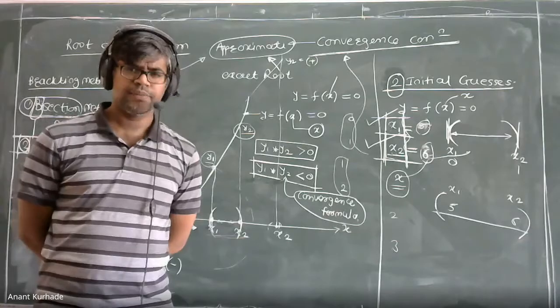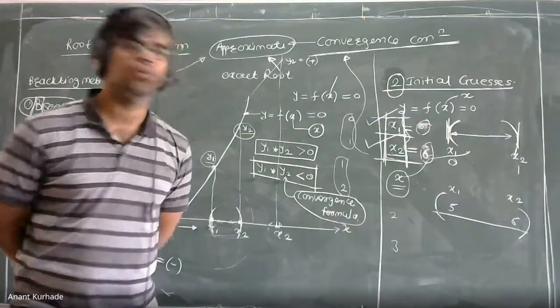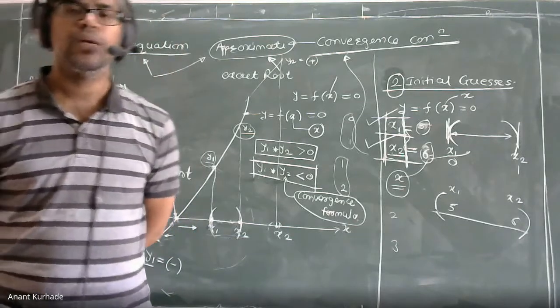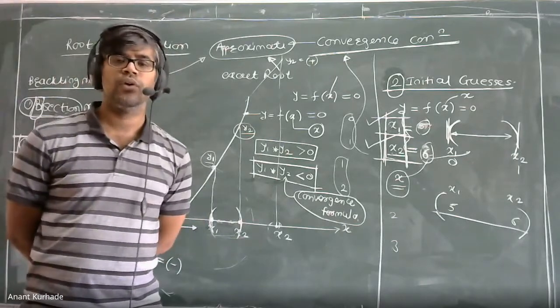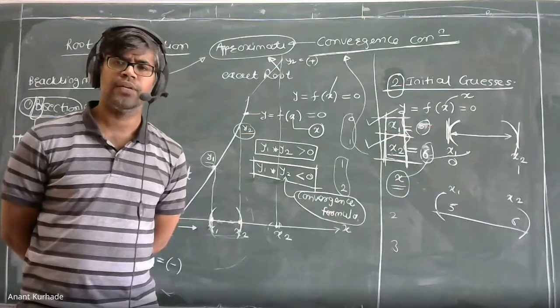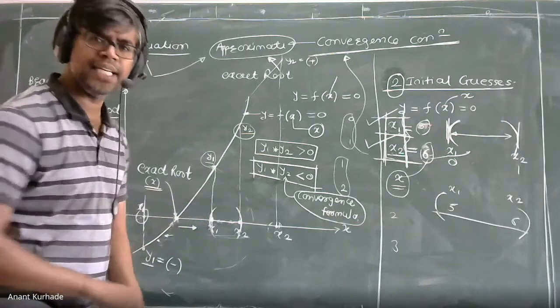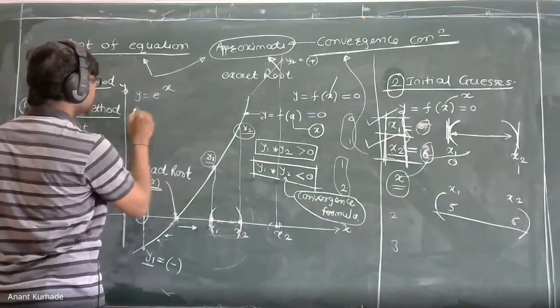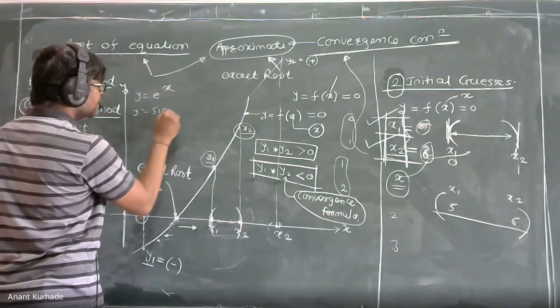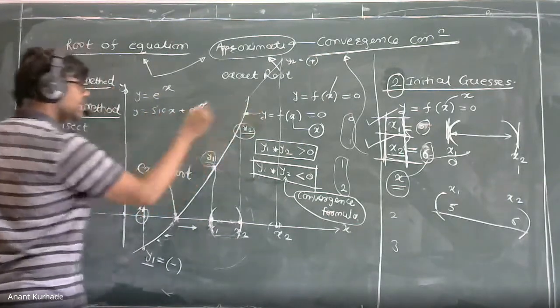Sir, is this applicable for only this function or any function? It is applicable to these methods only, bisection and regula falsi or false position method. We consider y equal to f of x, so f of x can be any function. Say y is equal to something x plus e raised to x, it is applicable.